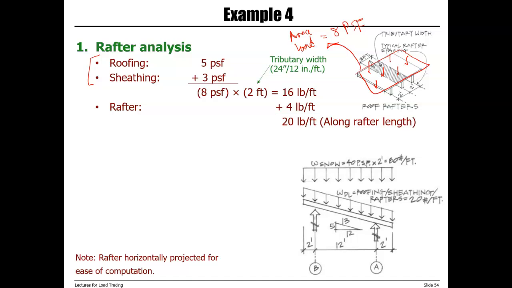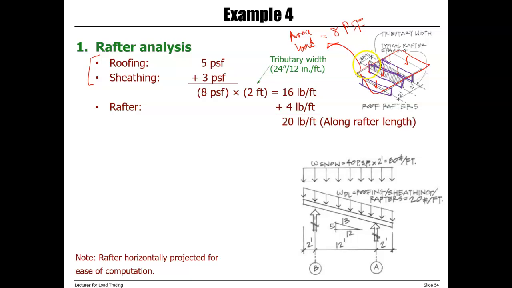If you remember from the first slide of this example, rafters are placed at 24 inches on center. 24 inches is equal to 2 feet. So if you look at one individual rafter, the spacing between these rafters on center is 24 inches or 2 feet.